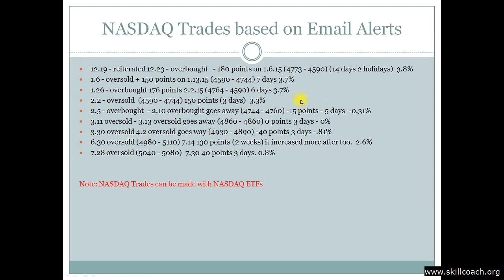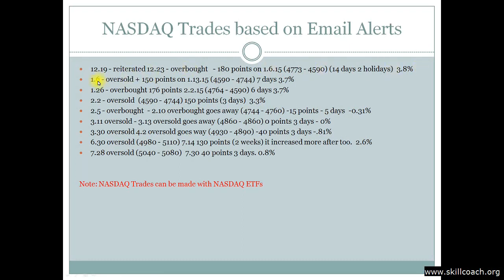Giving you an example, we had an overbought condition late in December. It was reiterated on 12/23, but 12/19 it was initiated. From there, the market fell by 180 points and realized a 3.8% return on the short side within 14 days, as I've demonstrated here.